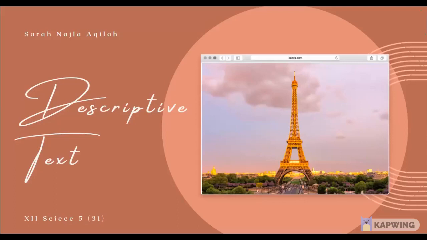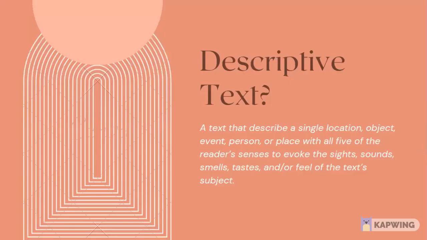Today, I will present about descriptive text. So what is descriptive text? Descriptive text is a text that describes a single location, object, event, person, or place using the reader's five senses to evoke the sights, sounds, smells, tastes, and feel of the text subject.